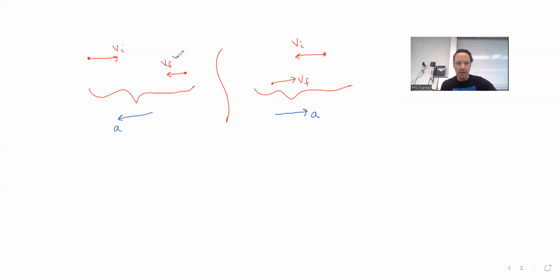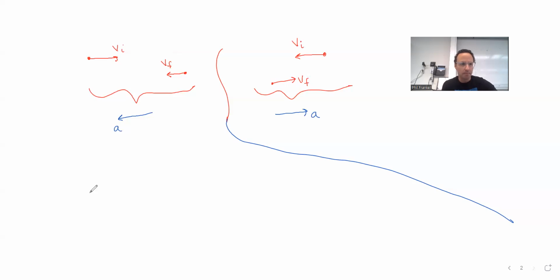On the other hand, when the object starts moving to the left, if it continues to accelerate to the left, it should speed up. So maybe I can illustrate for you this entire process in kind of finer steps.